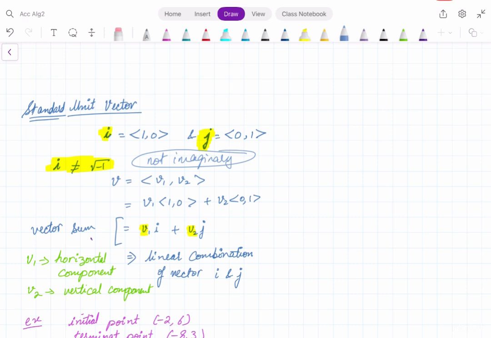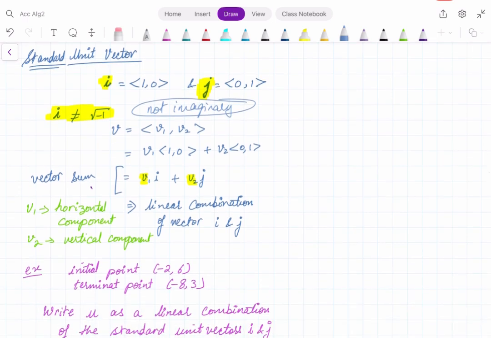So if we have a vector v, which has a component v1 and v2, it can be represented in the standard vector. So I can say vector v, component v1 times (1, 0), and v2 will go with (0, 1) because v2 represents y and v1 represents x, right? So the vector sum can be written as v1 i plus v2 j. v1 is the horizontal component and v2 is the vertical component.